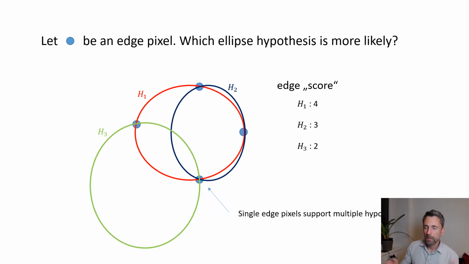Okay, and by collecting and voting for all the different hypotheses that every edge pixel supports, in the end we hope to find a maximum and a respective hypothesis that is then the most likely explanation for our edge image.